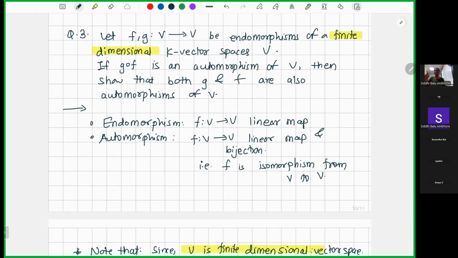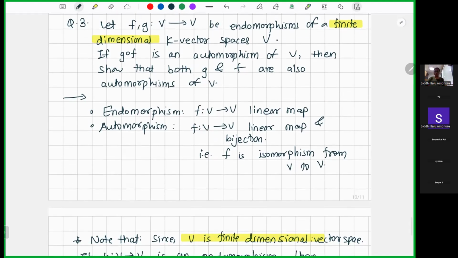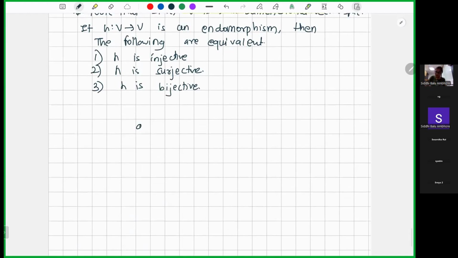What I will prove is that F is injective and G is surjective. Given F and G from V to V endomorphisms, G composed with F is an automorphism.